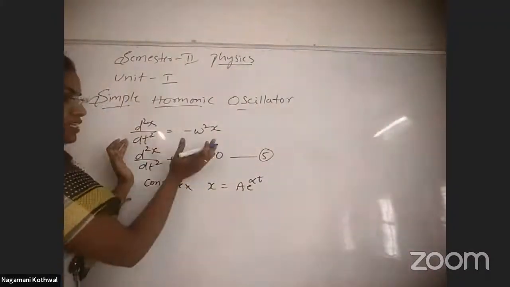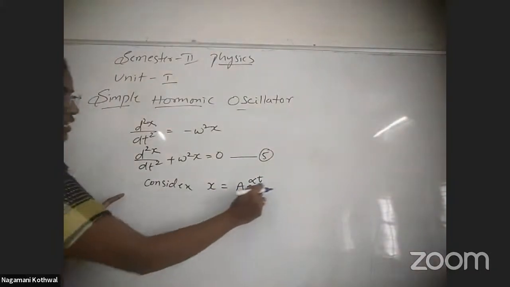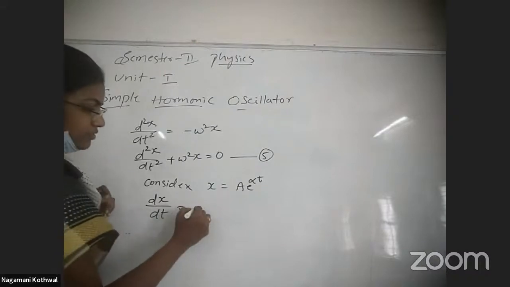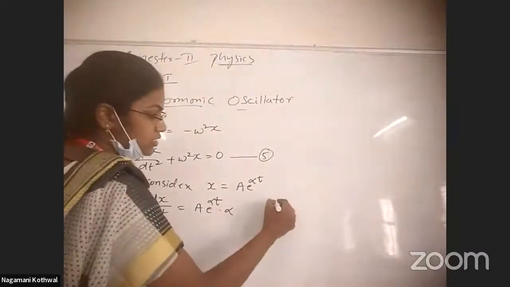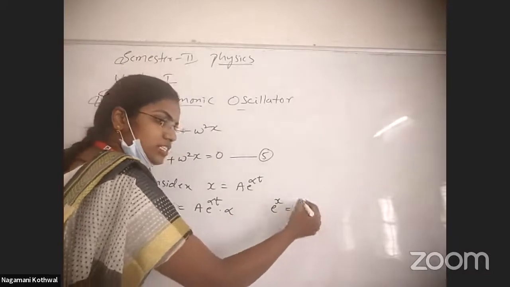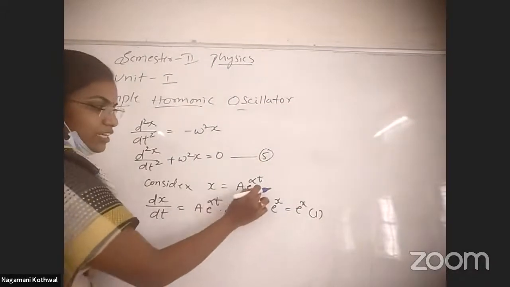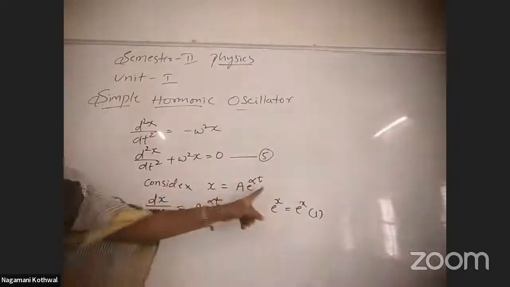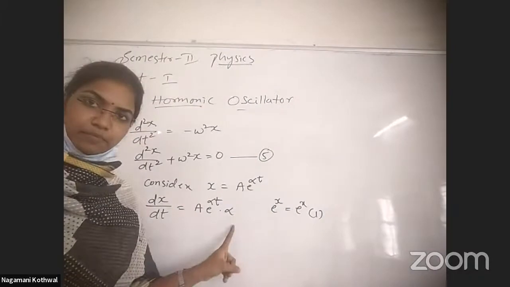To make this differential equation simple. Now x is equal to a e raised to alpha t, so find the differentiation of x. dx by dt is equal to a e raised to alpha t into alpha, because the differentiation of e raised to x is e raised to x only, and the differentiation of x is 1. Again, here the differentiation of e raised to alpha t is e raised to alpha t only. If you differentiate t with respect to t, because dx by dt is there, t will be 1 and alpha will be 0.